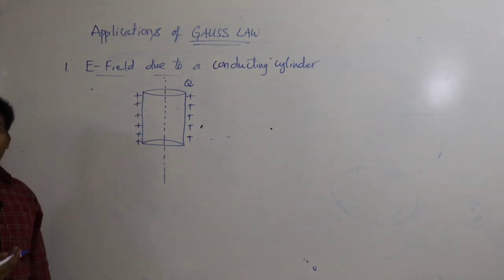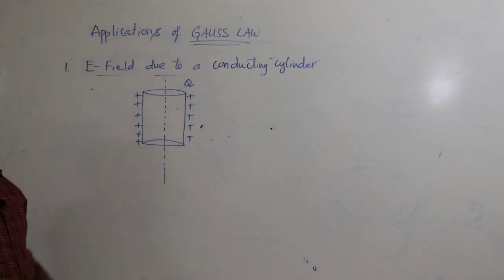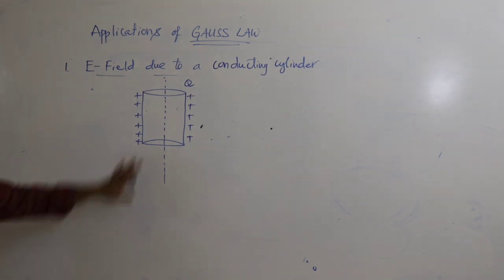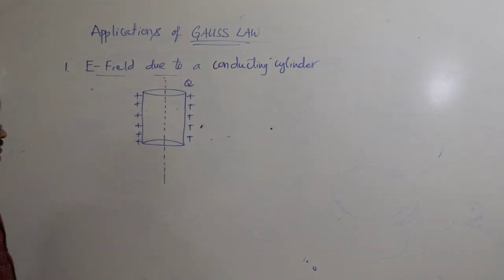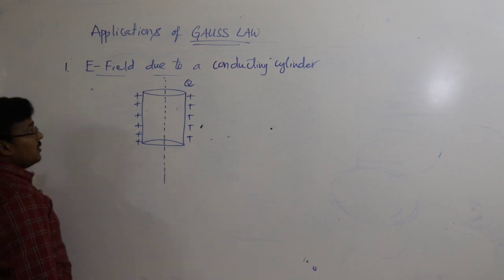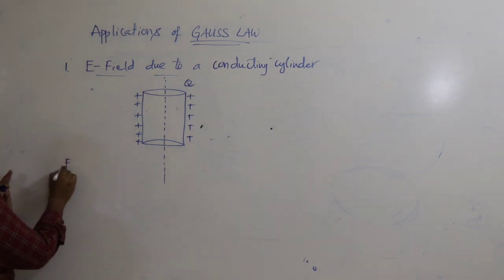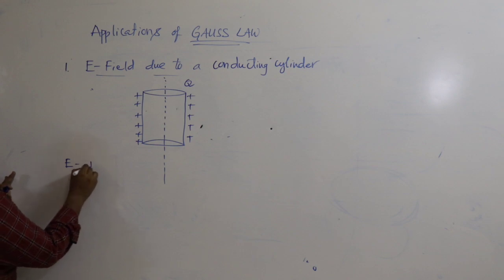Now I would like to find the electric field due to this conducting cylinder at some different points. Okay. Now, for example, electric field inside.